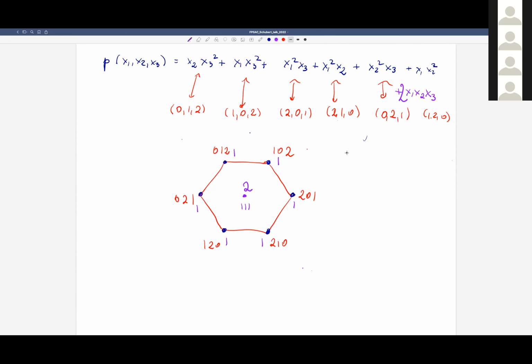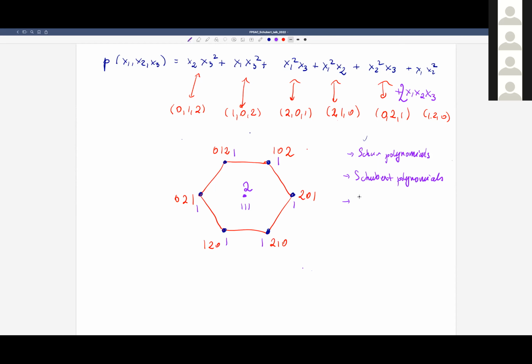In particular, we'll talk about Schur polynomials, which I'm sure are very familiar to many of you, but we'll start with them. Then we'll talk about Schubert polynomials that can be seen as generalizations of Schur polynomials. Schur polynomials are Schubert polynomials of Grassmannian permutations.